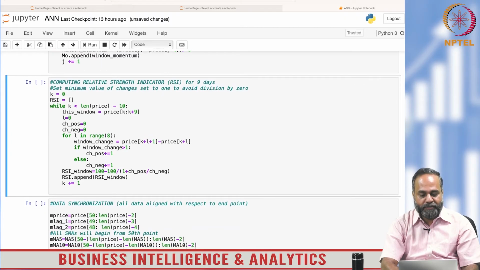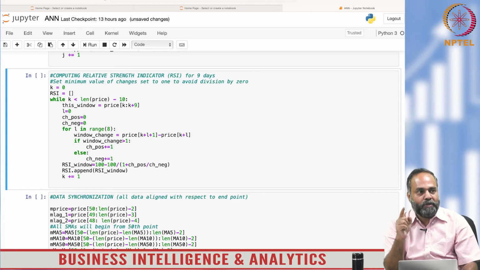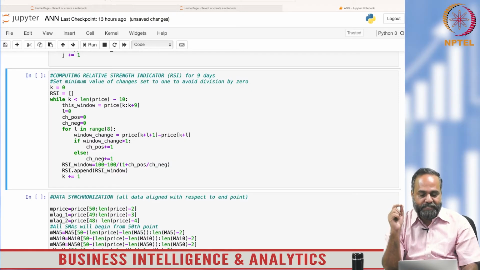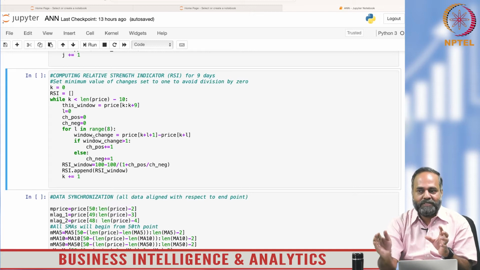It is calculated. And the next cell computes the relative strength indicator or RSI. So I showed you the formula for RSI, which is a function of the number of positive changes and number of negative changes. This particular cell just implements that formula, using a while loop again, because you have to do it for the entire series.